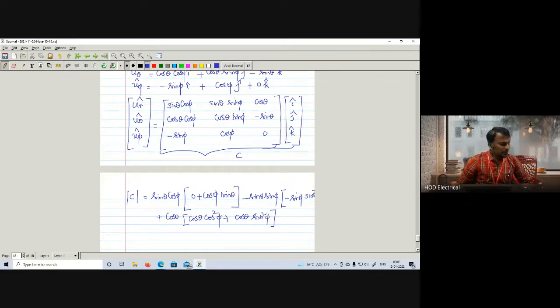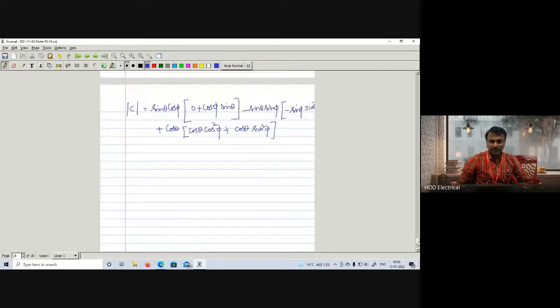So the determinant of the C matrix is nothing but sin square theta cos square phi plus sin square theta sin square phi plus cos square theta into cos square phi plus sin square phi.